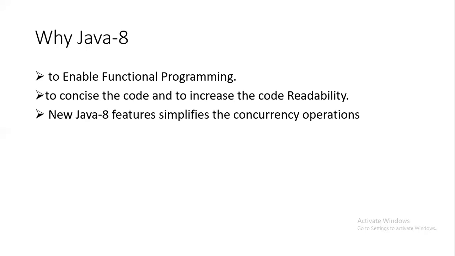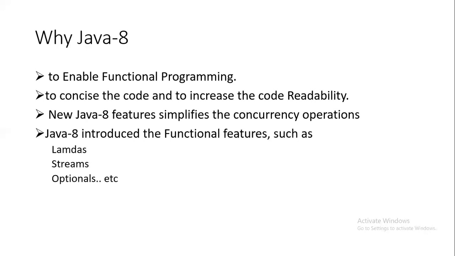Say we are filtering some thousands of employees. While processing those thousands of employee objects, by using multiple threads instead of a single thread, we can complete it sooner, right? So by using Java 8 features, we can enable the parallel processing concept.